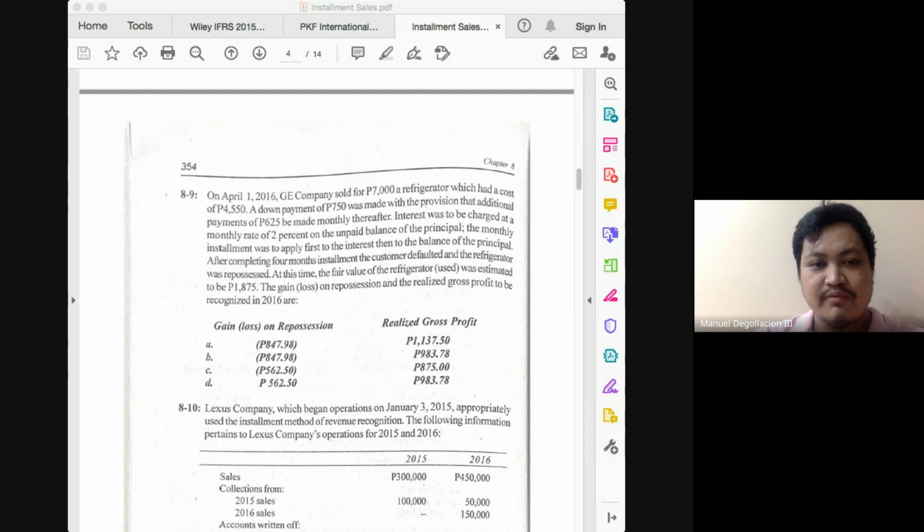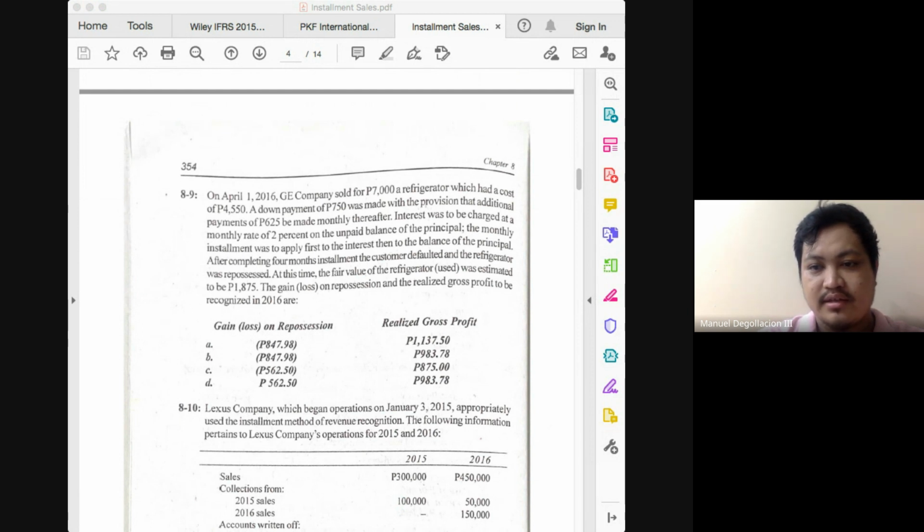So if we're trying to solve for RGP, the collection here should be 2,810, and you multiply that with the gross profit rate of 35%. That's the complement of 4,550 cost divided by 7,000.